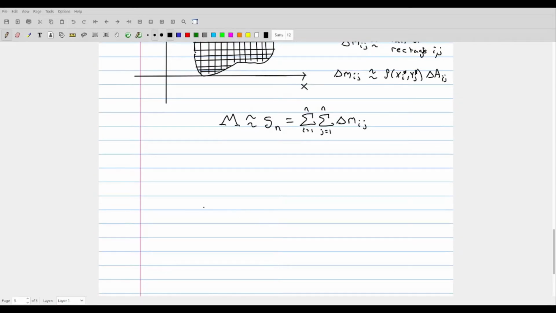And so what that means is that the total amount of mass of the entire lamina itself is approximately equal to the Riemann sum, we'll call this Sn prime, which is different than the previous Sn. It's the sum from i equals 1 to n, j equals 1 to n of delta mij, which is approximately the density function sampled in each rectangle multiplied by delta Aij.